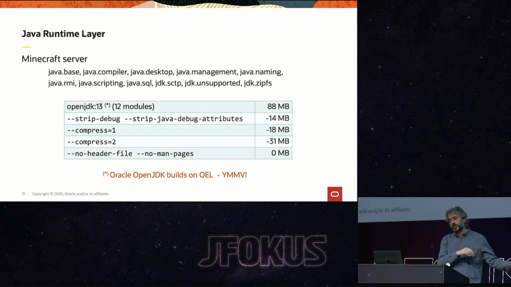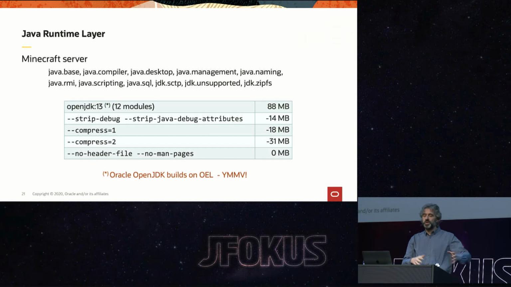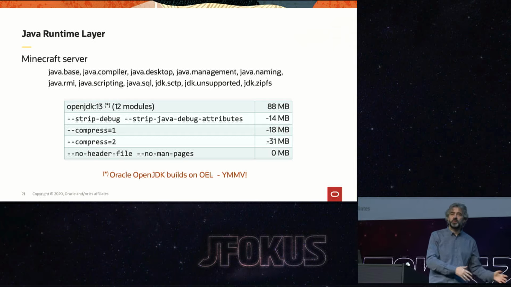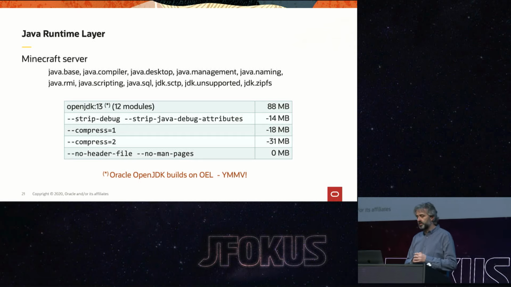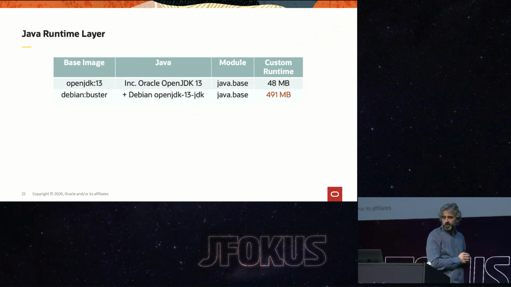So the OpenJDK latest Docker Hub image is based on OpenJDK, the Oracle OpenJDK build that runs on Oracle Enterprise Linux. But if you are using another Linux distribution and another OpenJDK distribution, you might have different results, such as this one.